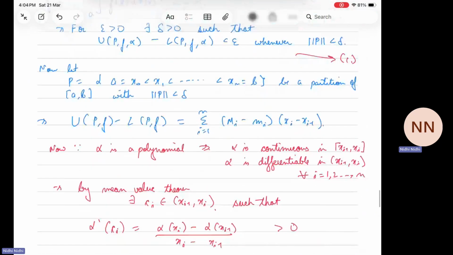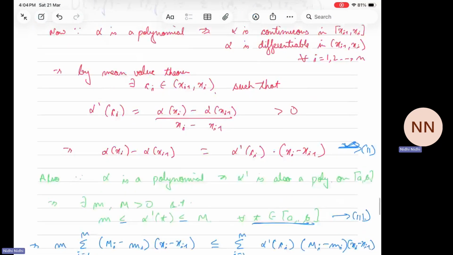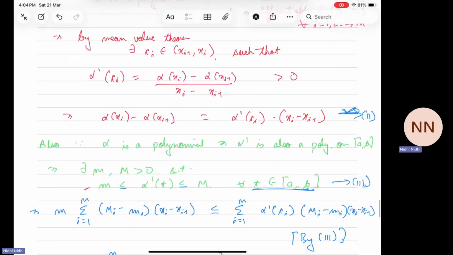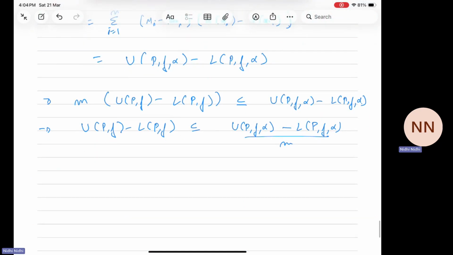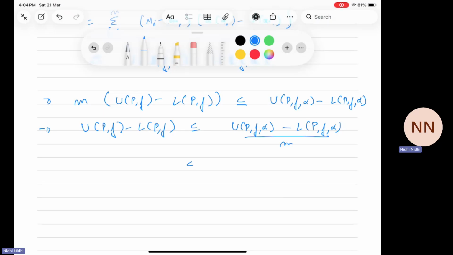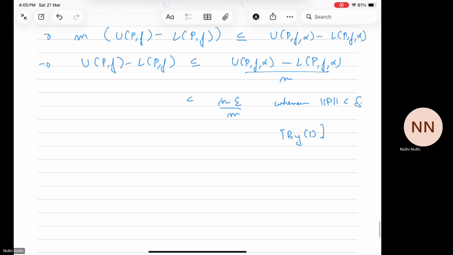Now, if in equation 1, I would have taken this to be m times epsilon, where m is given here, then this would have been strictly less than m epsilon by m whenever norm P is less than delta, and this comes from equation 1.